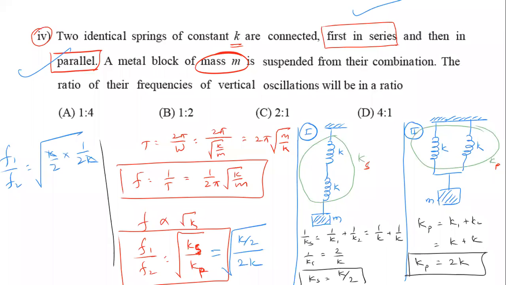So K gets cancelled, we get under root 1 by 4. Under root 1 by 4 means 1 by 2 is the frequency ratio. Therefore, the answer for this question is 1 by 2. The ratio of the frequency is 1 by 2, and 1 by 2 is option B.